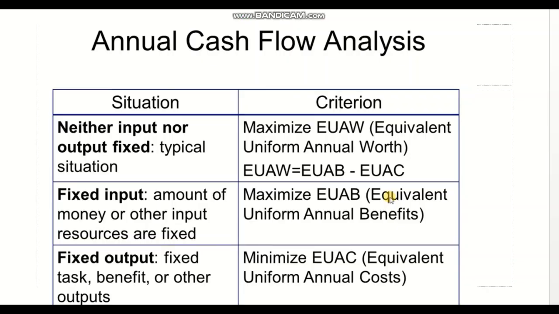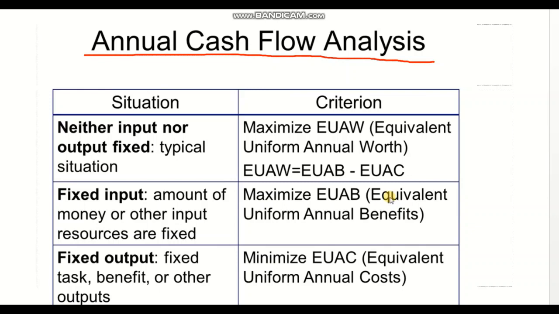If you go through the annual cash flow analysis, we again have a situation and criterion. We know that the first one is neither input nor output fixed, so it's going to be free input and free output, which is the typical situation.